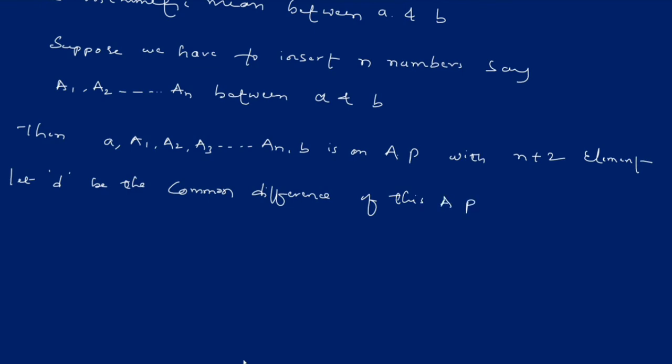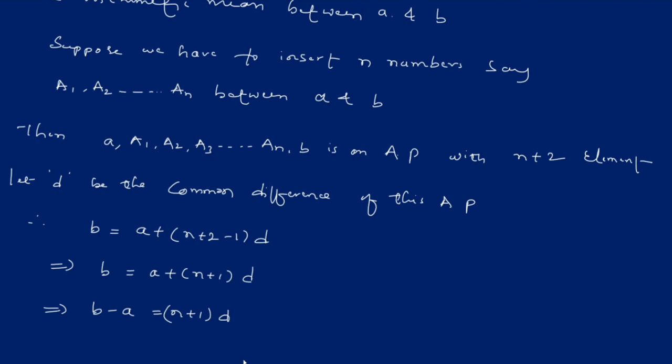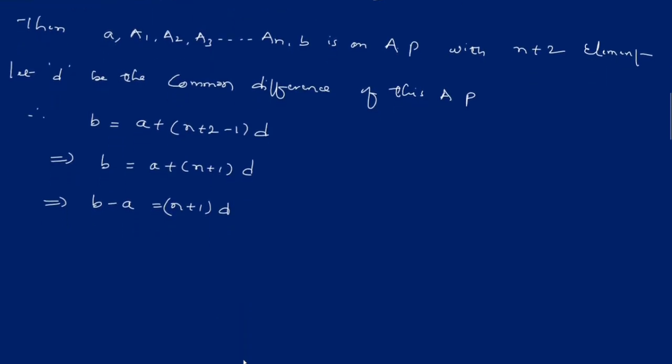So b equals a plus of n plus 2 minus 1 into D, which equals a plus of n plus 1 into D. Taking a to the LHS, b minus a equals n plus 1 into D. So D equals b minus a upon n plus 1.